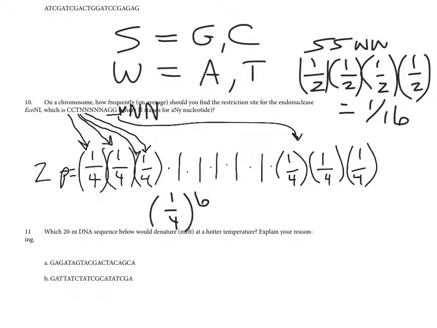So the conclusion here is 1 in every 16 groups of 4 nucleotides, you would find one that was strong, strong, weak, weak, on average. And there is also a 2-letter code for purines and pyrimidines, but we didn't talk about that in class.